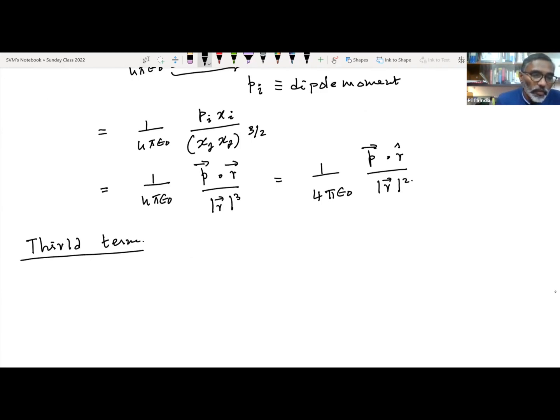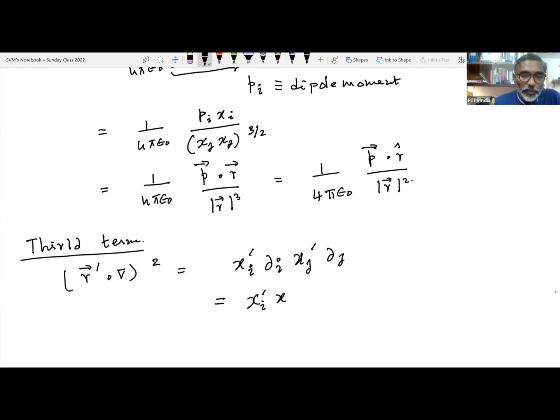In the third term, I have terms like r prime dot del the whole square, which is equal to, for one dot product, xi prime del i, and for the other one, xj prime del j. So this can be written as xi prime xj prime del i del j.